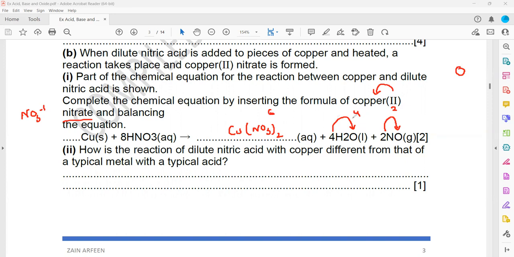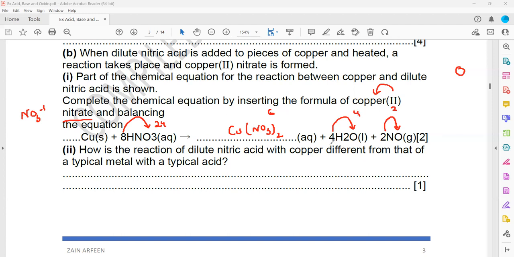So there are 12 oxygens on the right hand side. How many oxygens on the left hand side? 8 multiplied by 3 is equal to 24. So we want to make it 24 on the right hand side as well. Which number should I place before copper to make 24 oxygens?